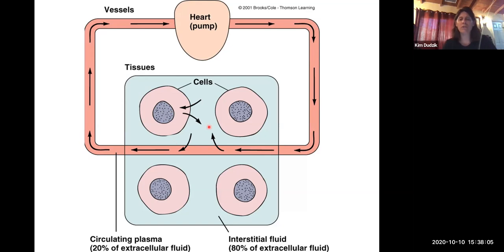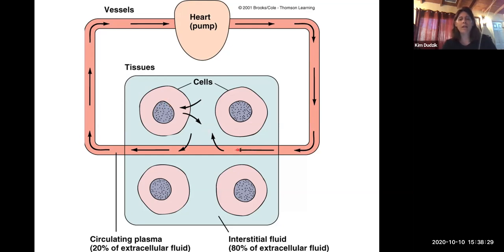Where our tissues are doing work, okay? Because those cells are the individual units that are doing the work, doing the cell respiration, making proteins, all that good stuff. So they need the nutrients that the blood carries, and they need the oxygen. But as they do work, they need to get rid of the waste products, right? So that's what these arrows show here.